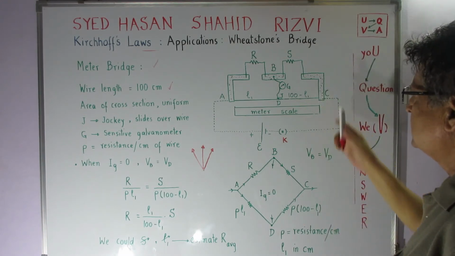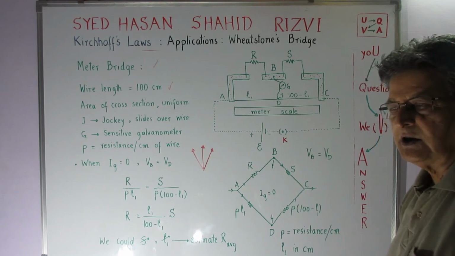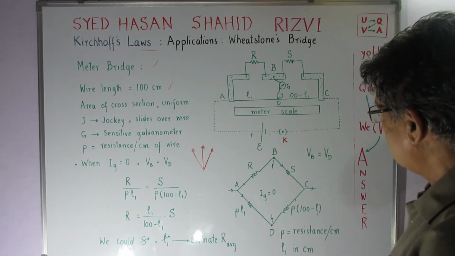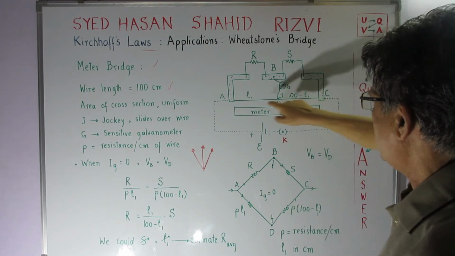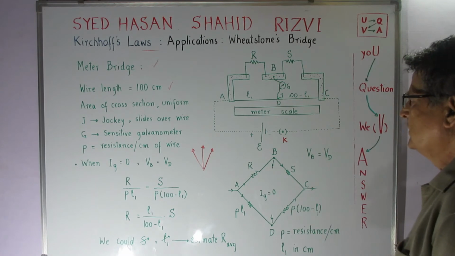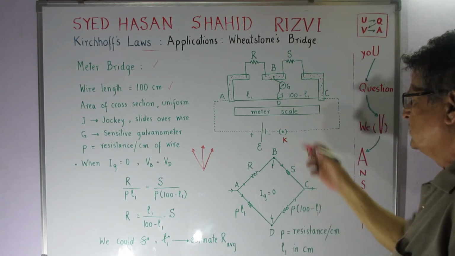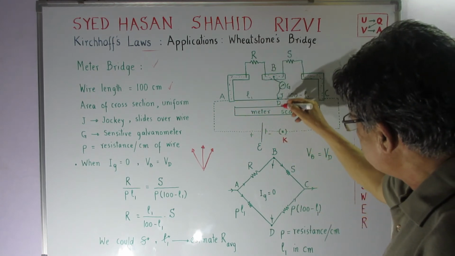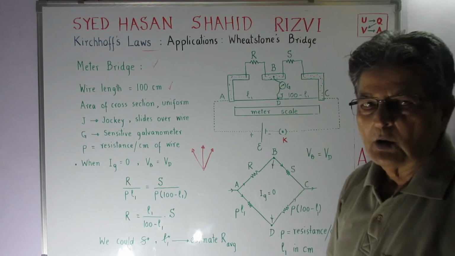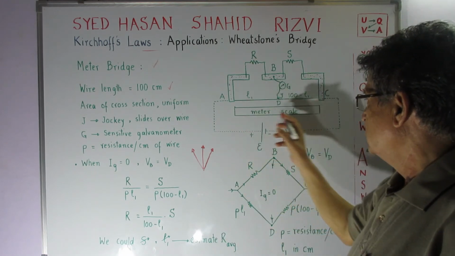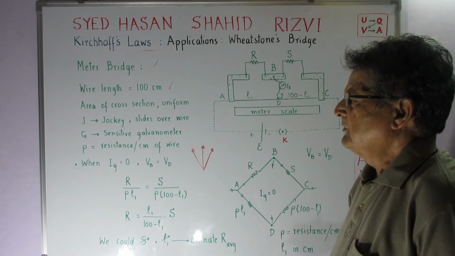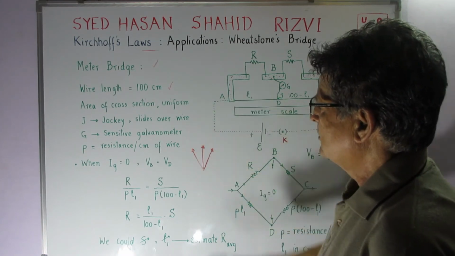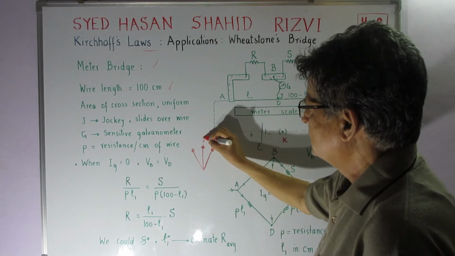This is checked in the beginning to see if it is exactly 100 centimeters or not, and there are screws to fit it and make it tight, so the jockey can slide over this wire. We can check from the meter scale the markings from 0 to 100, and find out the value where, in the case of the sensitive galvanometer, the deflection is 0.